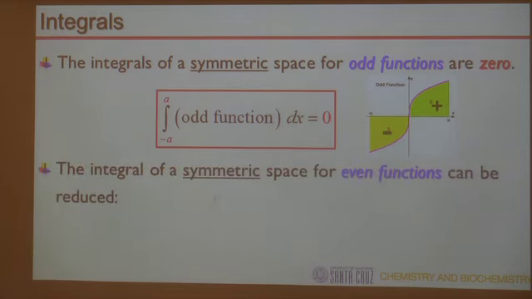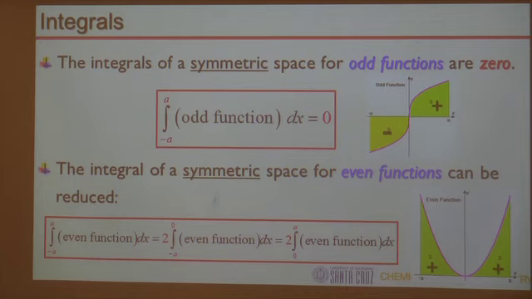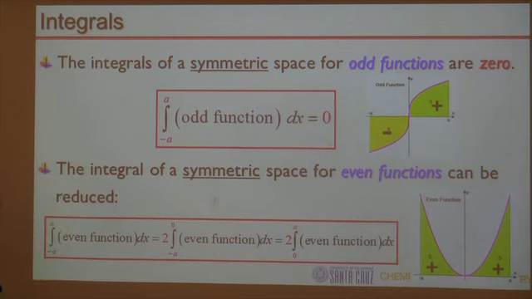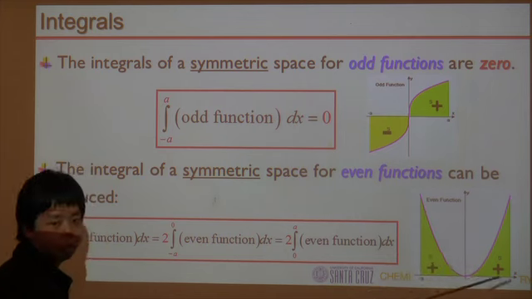The second case is when you integrate an even function within a symmetric space. For this case, you cannot say it equals 0, because as you can see from this figure, they have the same sign and also the same area.